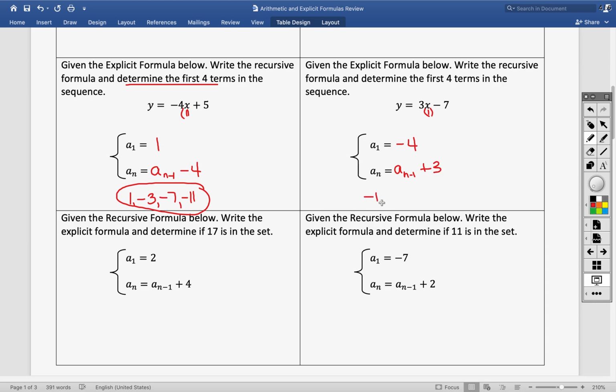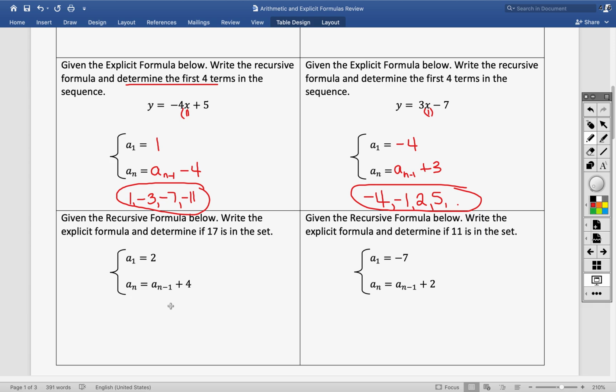So you take the first number, which is the negative 4, and you plus 3 each time. So that becomes negative 1, 2, 5, and we could keep counting. But those are the first 4 numbers in this set.